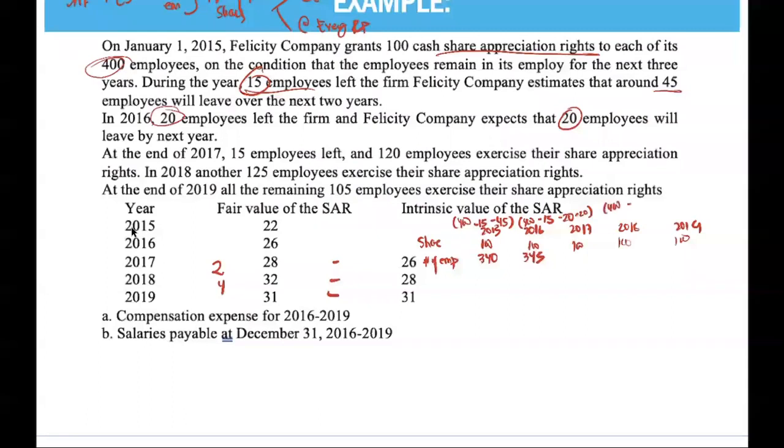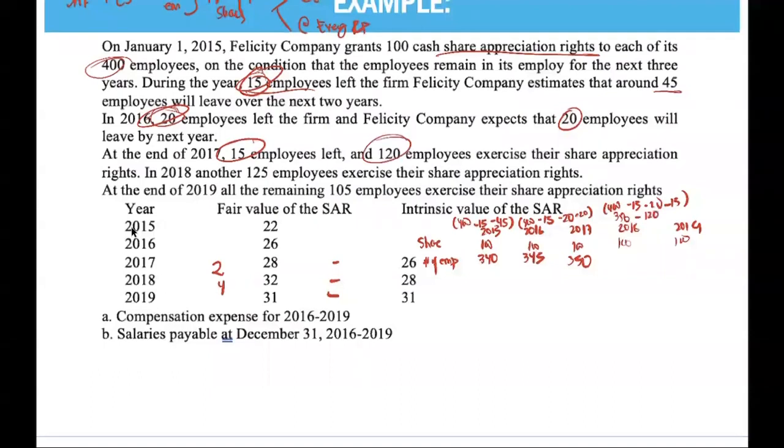So 400 less 15, less 20, less 15, and then an additional 15. So we have here 350. In 2018, we have 350 and we have 120 who exercised their share appreciation last year. So we have only 230.